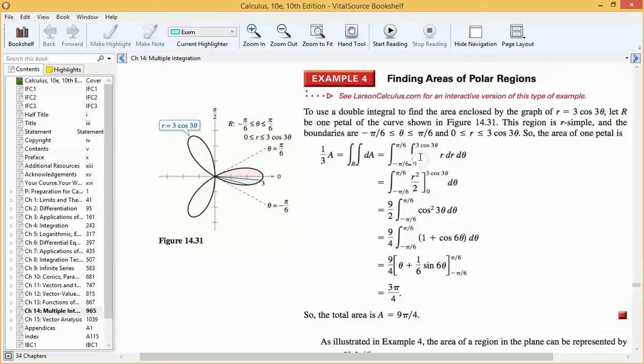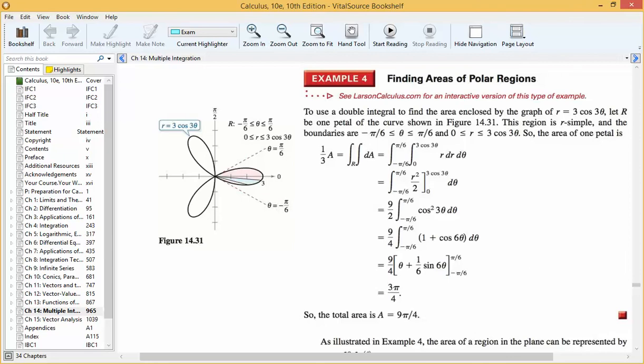You see they have from 0 to this right here. That's your radius. But to set up the thetas, that's the hard part for most students, because you have to set 3 cosine 3 theta equal to 0 and solve, and you get those values, negative pi over 6 to pi over 6.